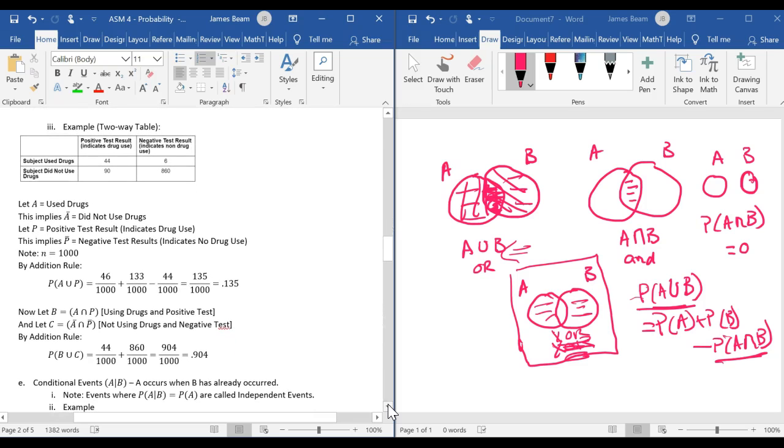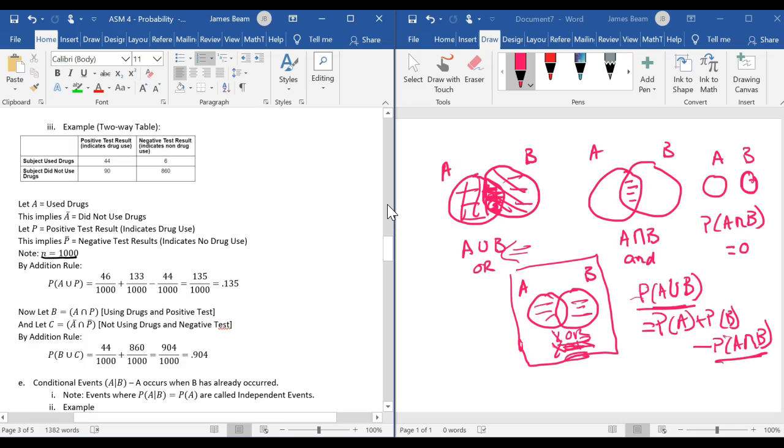I did this with a two-way table. We've got this idea that people are either using or not using drugs, and they're either testing positive or negative. We've got a total of, I think, 1,000 people in my table here, and here we've got the probability of the intersection.